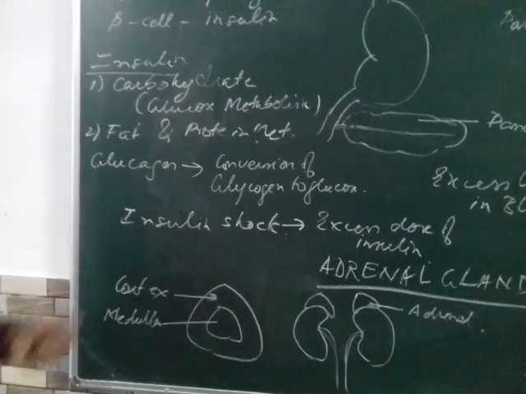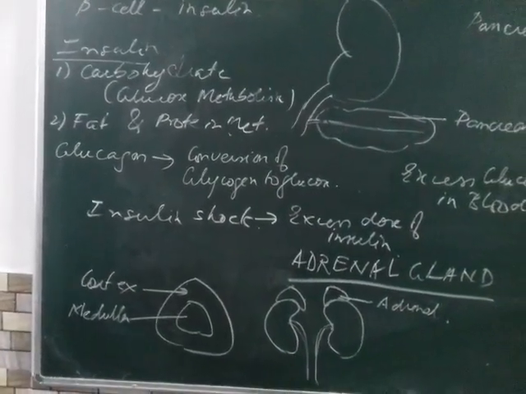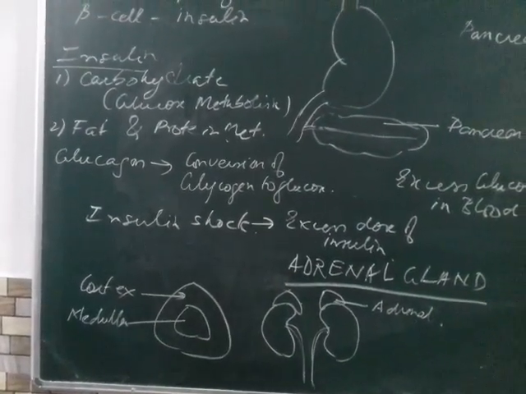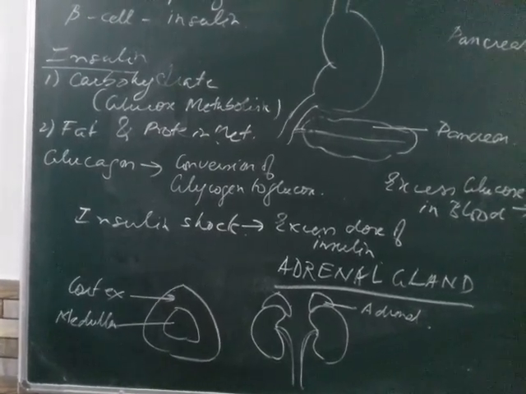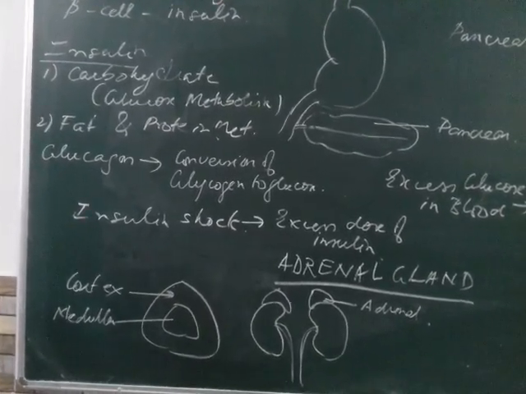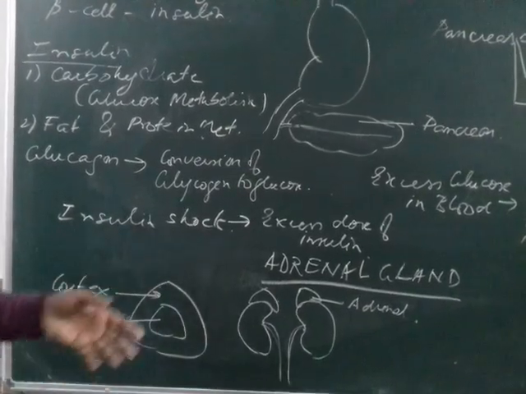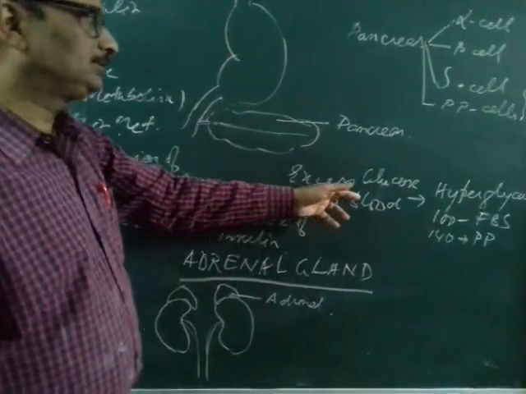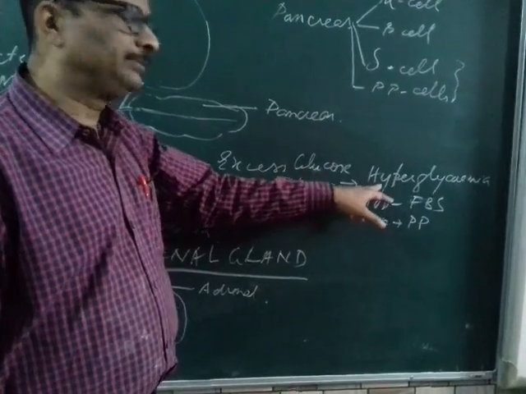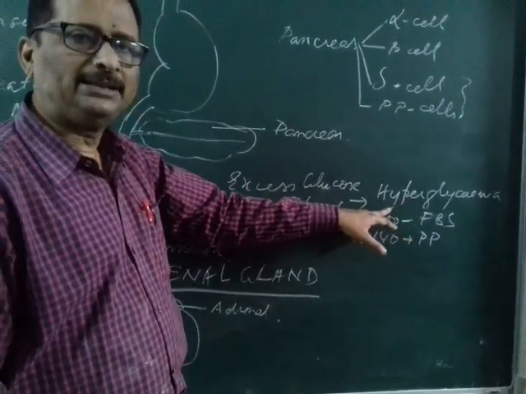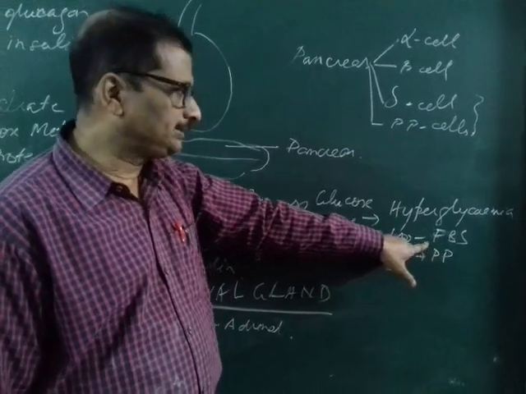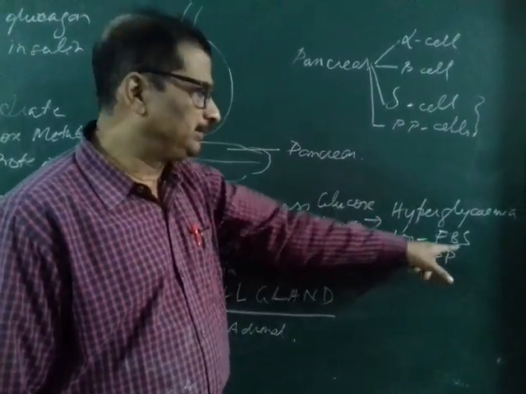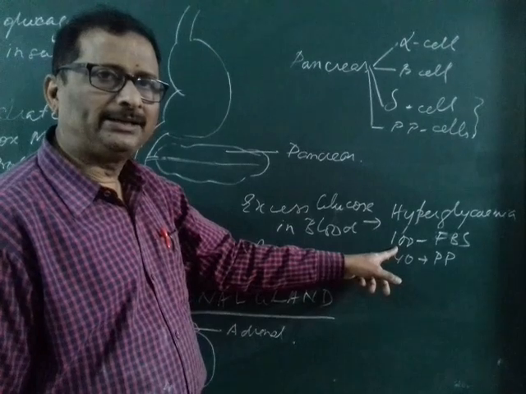Now, what happens in case of excess sugar in the body? The organs like kidney, heart, and eyes are vulnerable to all types of disorders. Usually if there is excess glucose in the blood, the person suffers from hyperglycemia. Now hyperglycemia means the fasting blood sugar, FBS, is more than 100.